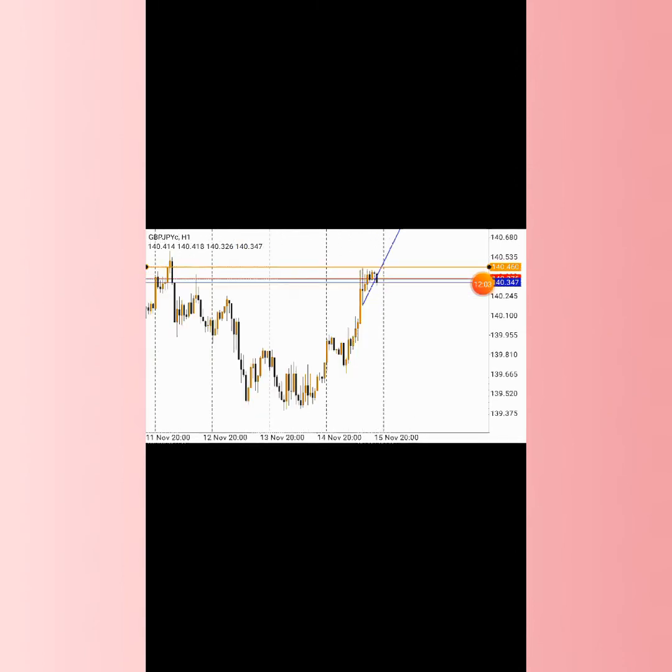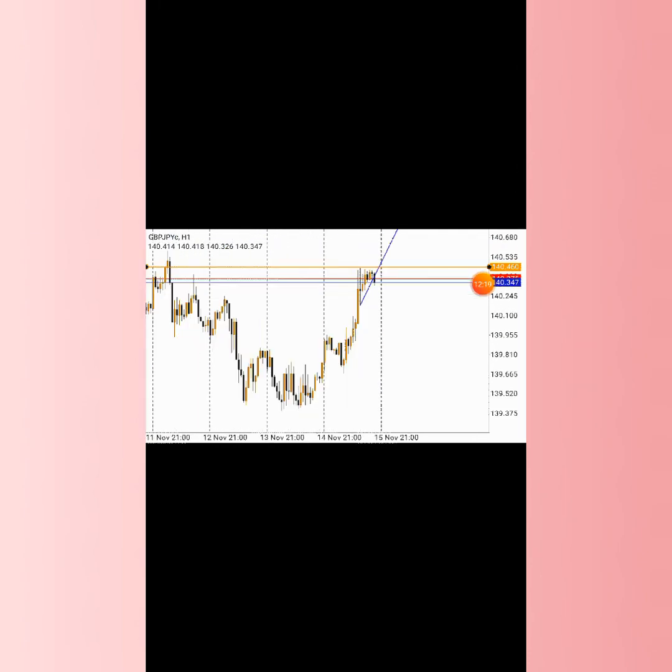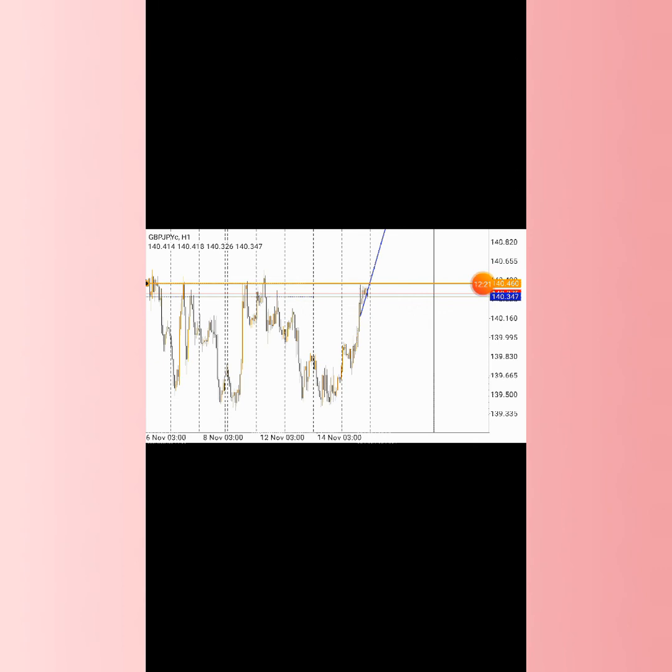Longer time frames for analyzing and drawing trend lines. Yes, you can draw trend lines from short time frames, but short time frames are for execution of scalping and maybe day trading, if we may say.